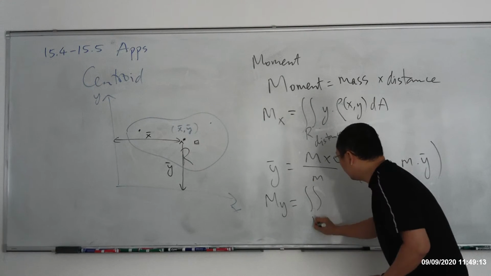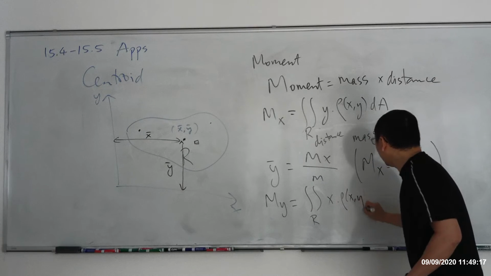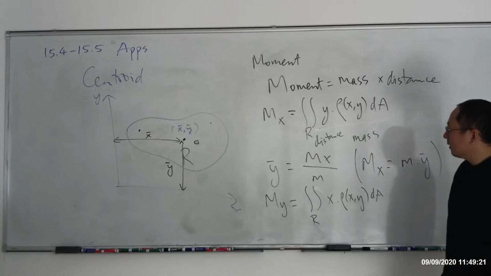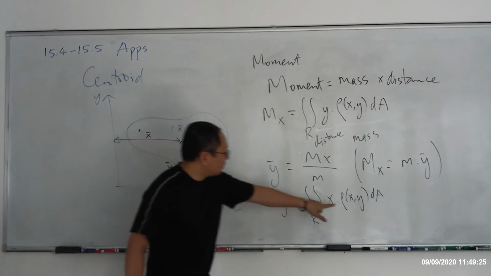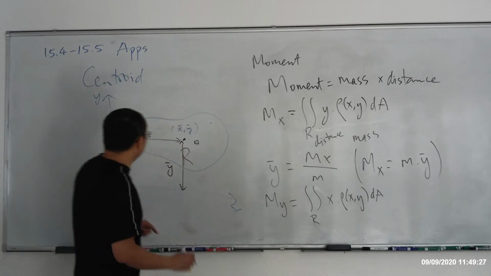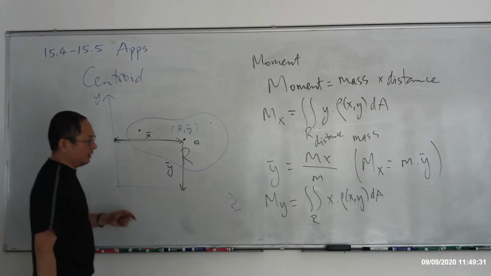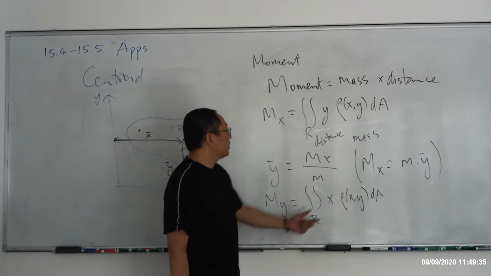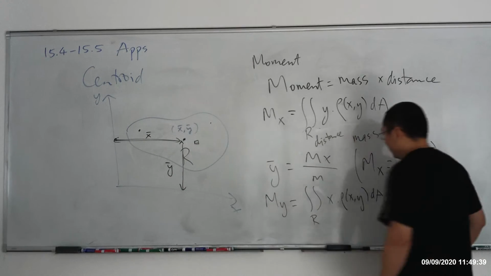Double integral over the region R. Now it's x times rho of x, y dA. Every little box right here, the mass is rho times dA, and then the distance to your pivot is x. Okay, and then you multiply this by the mass, you have the moment of that little bit, and you add them up, you have the moment of the whole thing.